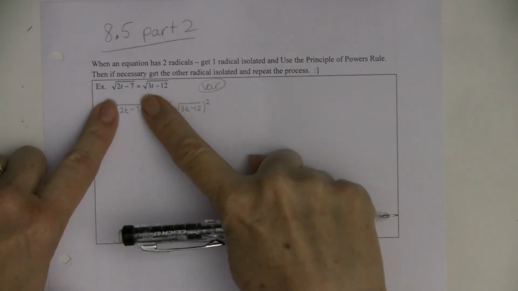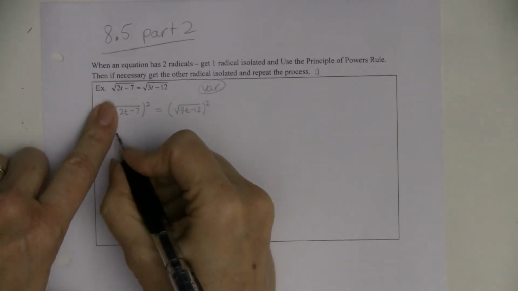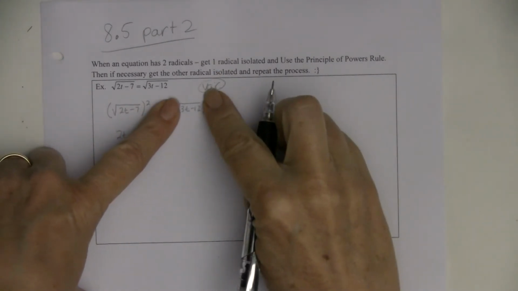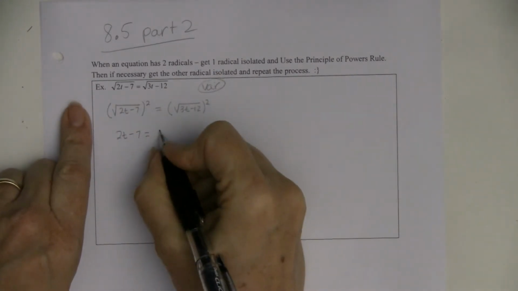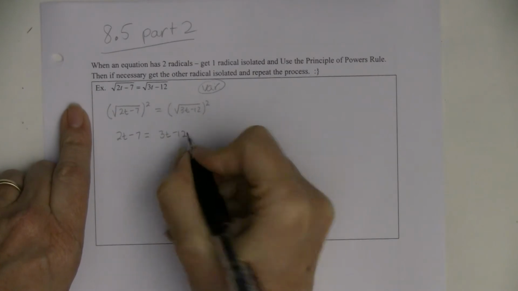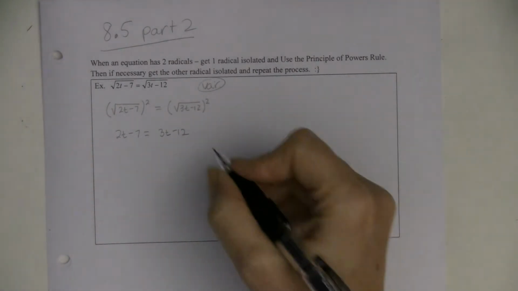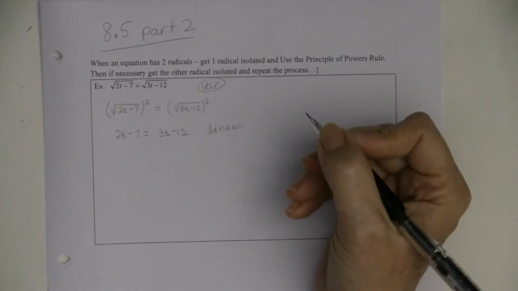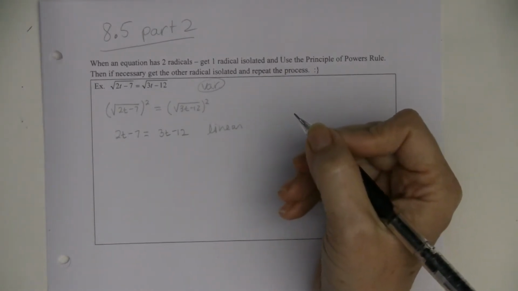And so square and square root undo one another. So I just have here 2t minus 7 equals 3t minus 12. And then hot diggity dog, I can solve that. This is just my friend, the linear equation that I learned about in chapter 1, where the strategy is to get them separated.